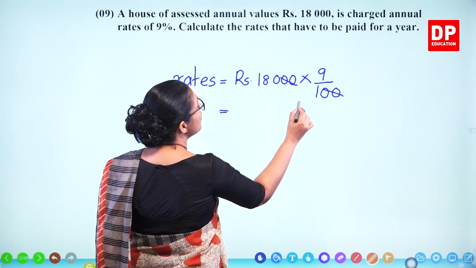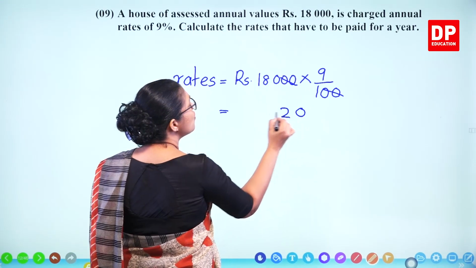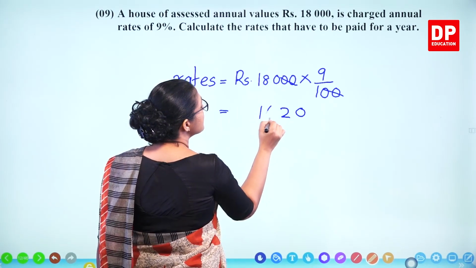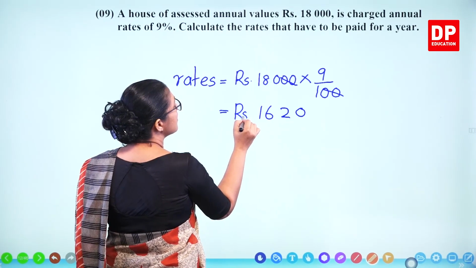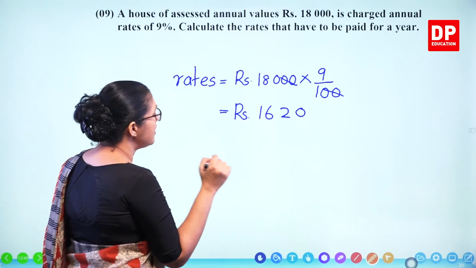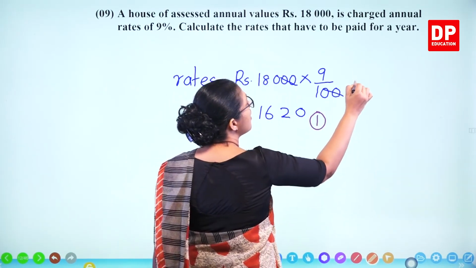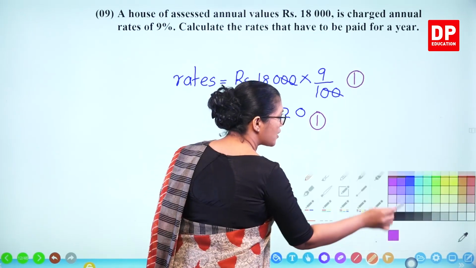You get 9 times 8, 72, and 9 times 1, 9, plus 7, 16. 1,620. So 1 mark and 1 mark, 2 marks for that.